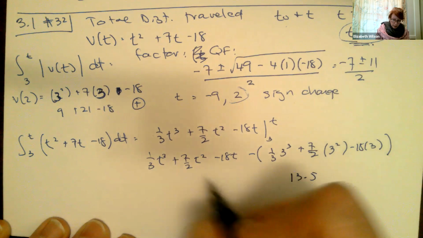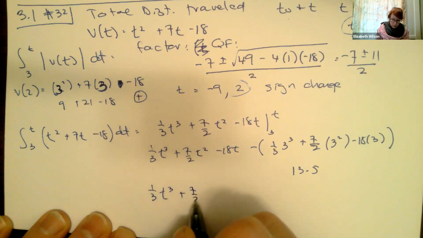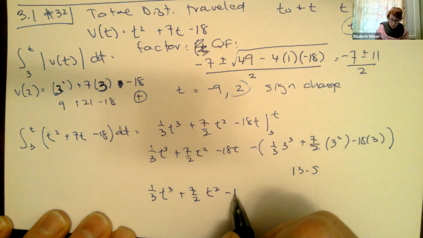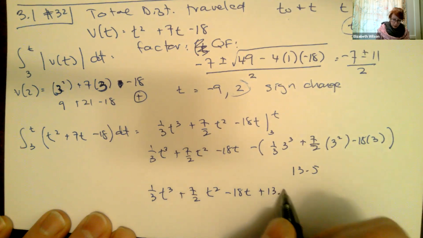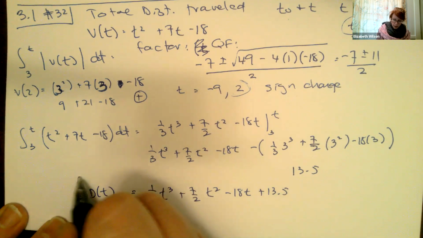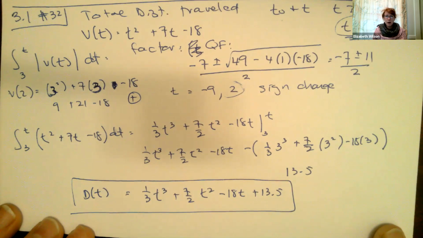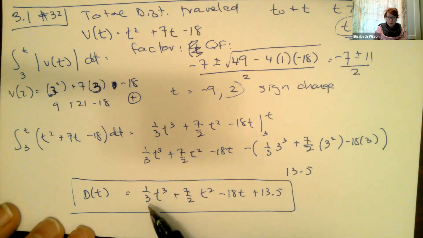All right, so I'm going to get 1/3 t cubed plus 7 over 2 t squared minus 18t plus 13.5. And this is my total distance traveled as a function of time. They don't tell me actual numbers for the intervals, so I'm really just dealing with an equation. I'm going to get an equation because I go from time t equals 3 to some arbitrary t value.